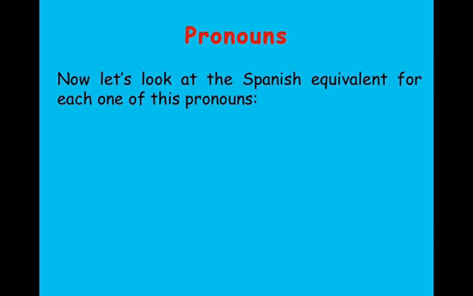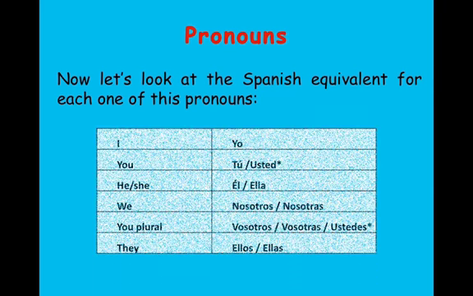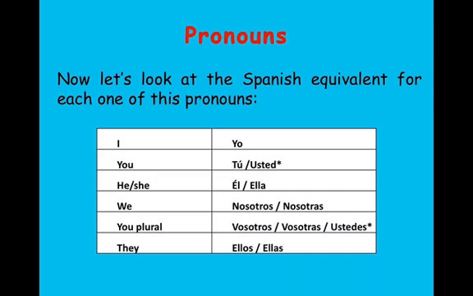So we're going to look at the Spanish equivalent of those pronouns. So I, we already know, is yo. You is tú. And it also could be usted, which is the formal word for you. And we've already spoken about that in class. We have he or she, which is él or ella. We have we, which is nosotros or nosotras. And we know the difference.